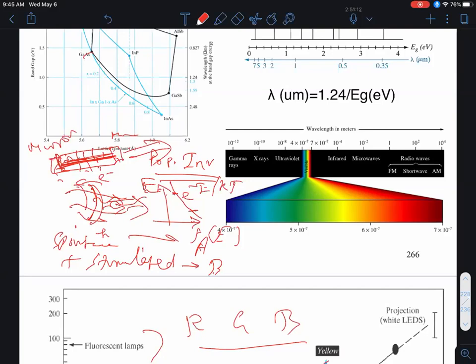So when a photon goes back and forth, that induces additional electrons to recombine and give off more photons. And for the stimulated emission part, these photons that come out don't come off in random phases, okay? They all come out in lockstep. That's coherent radiation, and because they come out in lockstep, that's what a laser is.